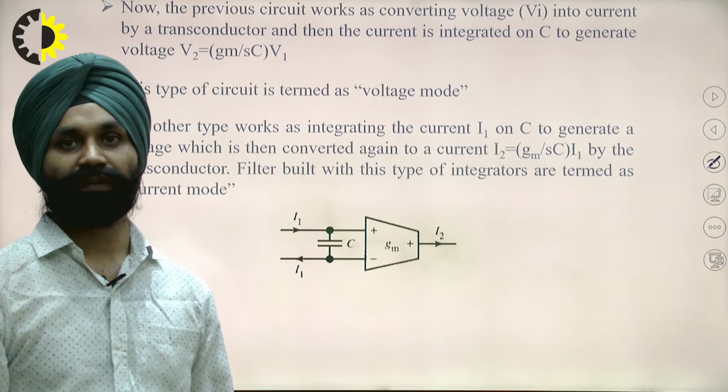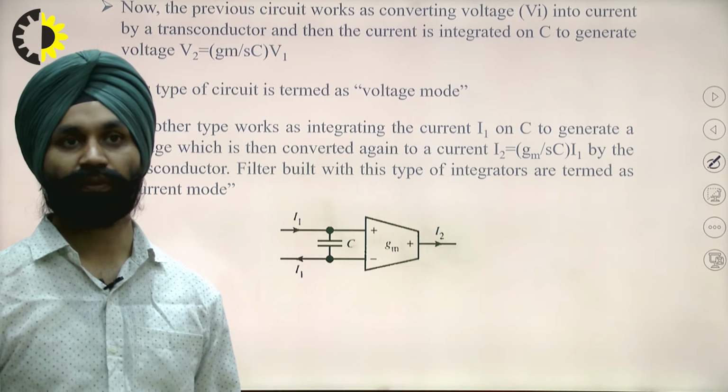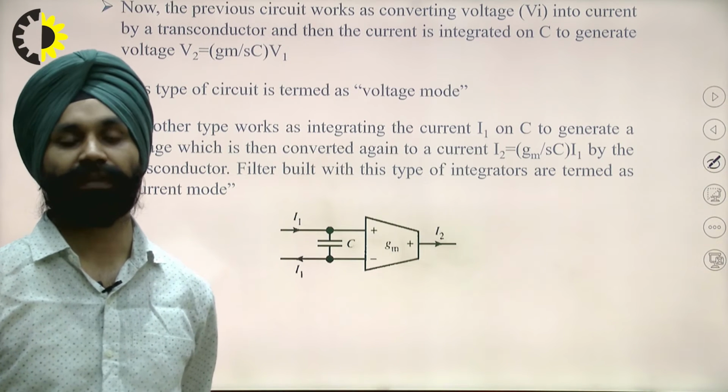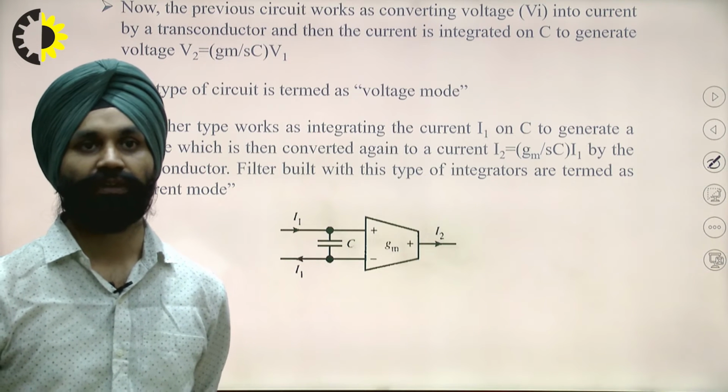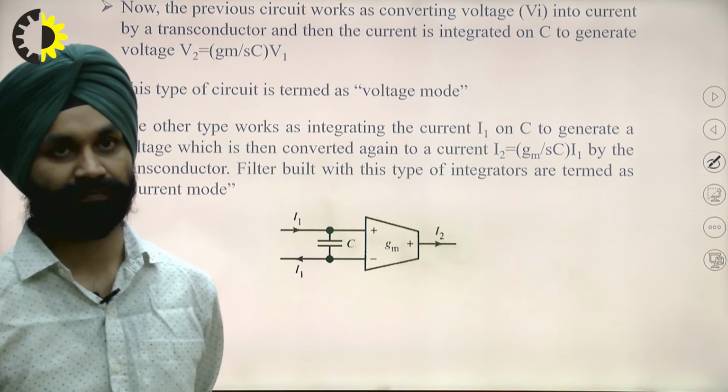The input voltage is converted into current by the transconductor. Then the current is integrated on C to generate the voltage.